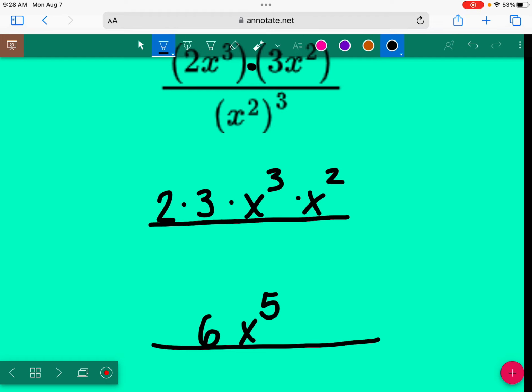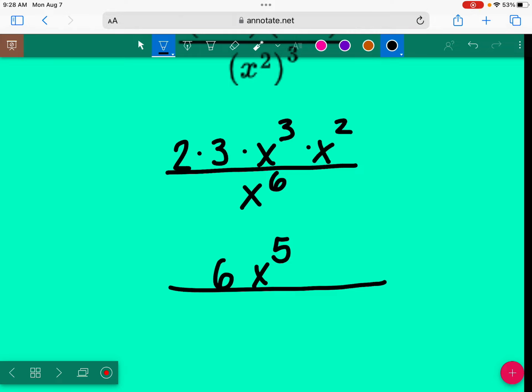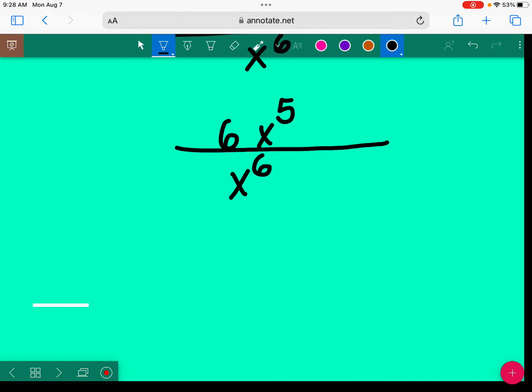What is going on in our denominator? What do we have there? Yes. I heard it. It was whispered, but it was there. X to the 6th. So x to the 6th. We can keep going and keep simplifying here. Oh, sorry.